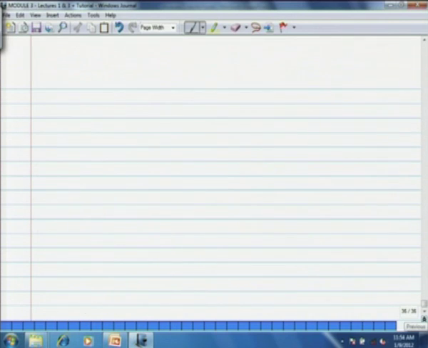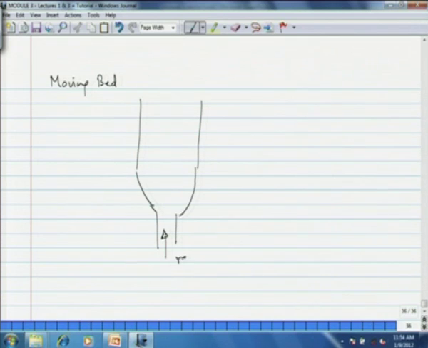Then the third type of reactor is a moving bed reactor. These are especially used when the fouling is high or the catalyst deactivation rate is high, so that you can continuously remove catalyst from the reactor and then regenerate it. Here the reactants and the catalyst particles flow countercurrent to each other. Reactant enters at the bottom and the catalyst particles are added at the top.